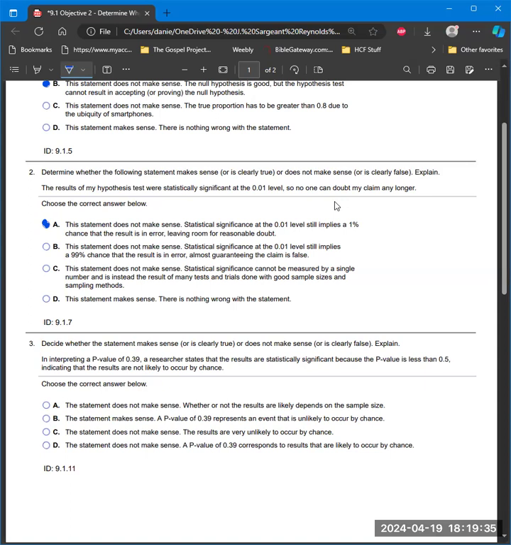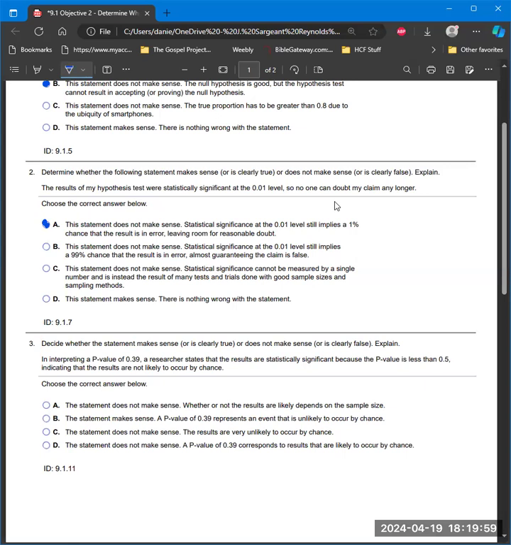Question 3, decide whether the statement makes sense or is clearly true or does not make sense or is clearly false, and explain. In interpreting a p-value, capital P-value is a probability value that comes off of your z-table, typically is where we find that. So we also get that from our calculator, but we haven't talked about what a capital P-value is.